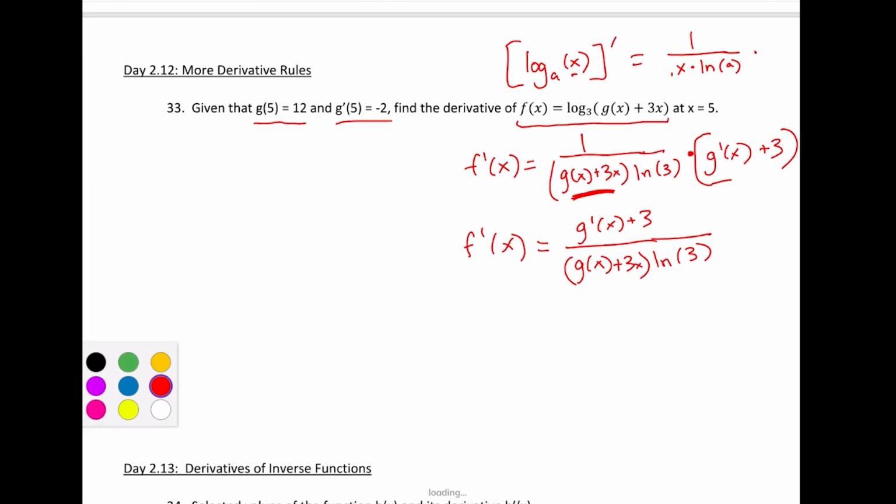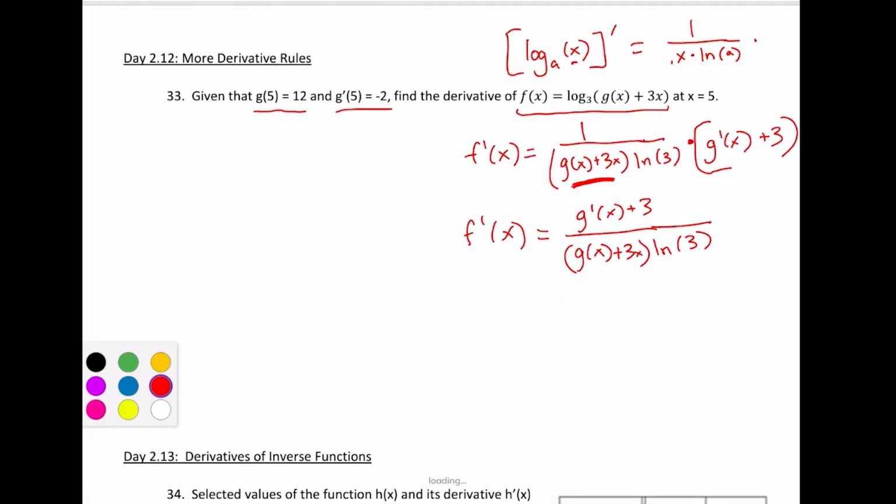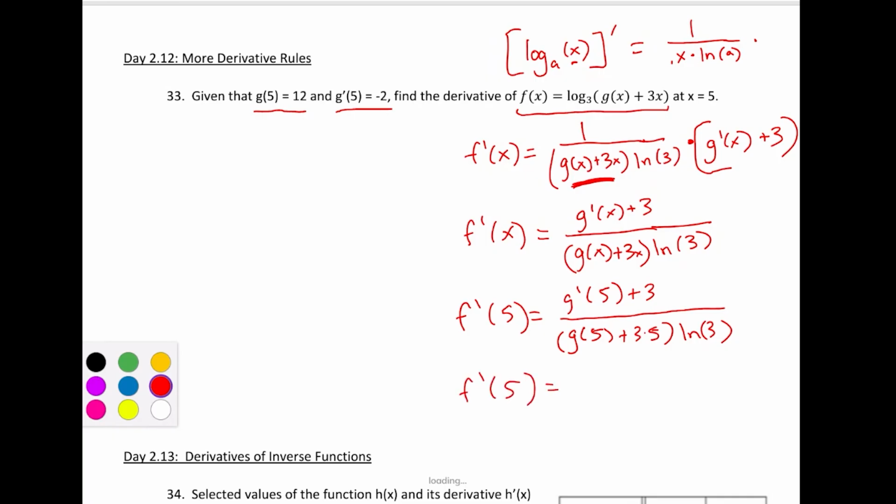And what we need to do is evaluate this at x equals 5. So f prime of 5 is going to be g prime of 5 plus 3. We're going to get that g prime of 5 from the given information. And then we have g of 5, again from the given information, plus 3 times 5 times the natural log of 3. So f prime of 5 is going to be equal to g prime of 5, which is negative 2, plus 3.